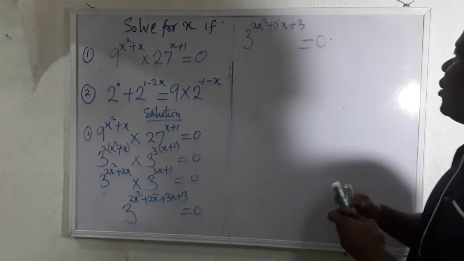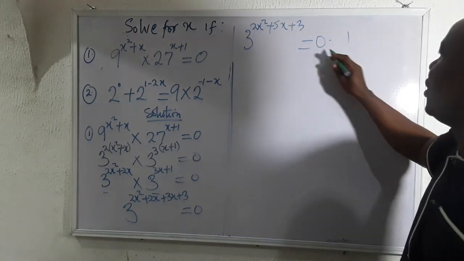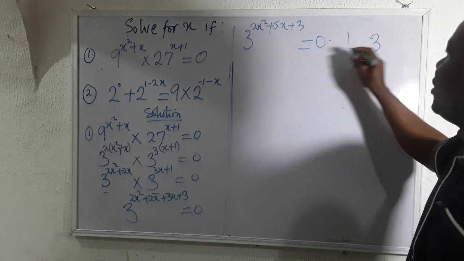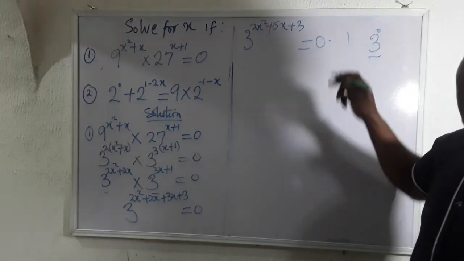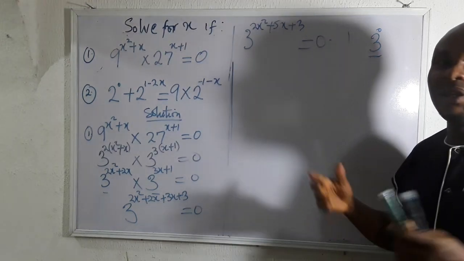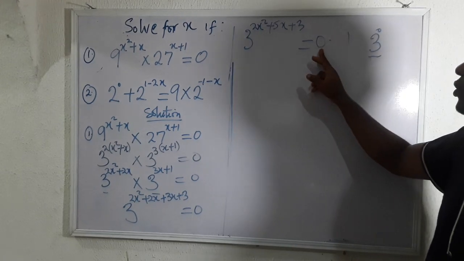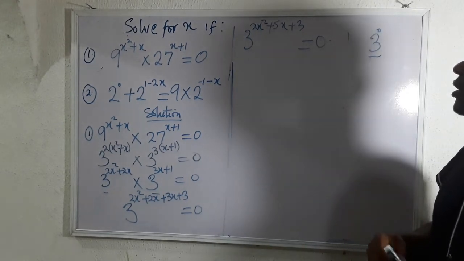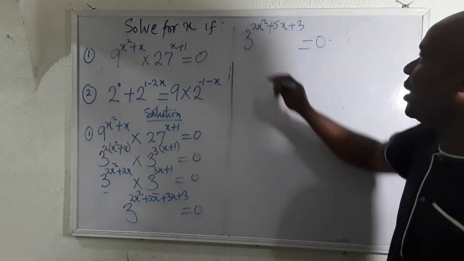Now if this had been 1, say for instance, we can write it as 3 raised to power 0 to be 1. In that case both sides have equal bases, but in this case we cannot do that. So therefore we can decide to stop here.